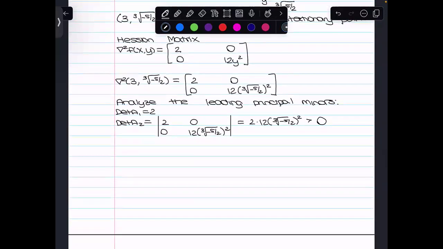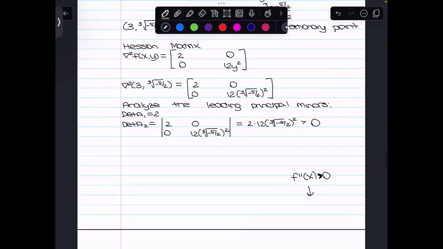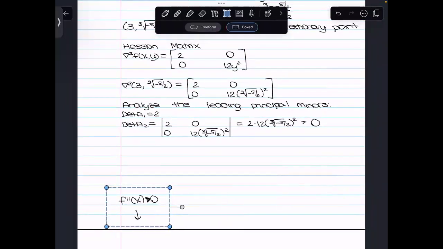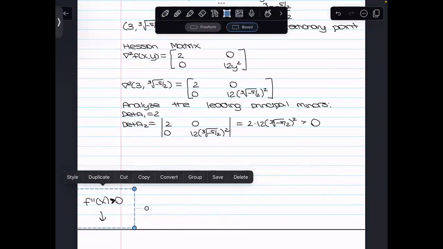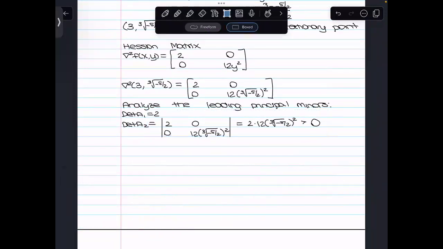So the fact that they're both greater than 0 is equivalent to, with a one variable function, saying the second derivative is positive, greater than 0 specifically, which implies the function is strictly convex. So just to clarify, I should have actually said this a little bit more clearly. When they're both positive, that initially means that this is positive definite.